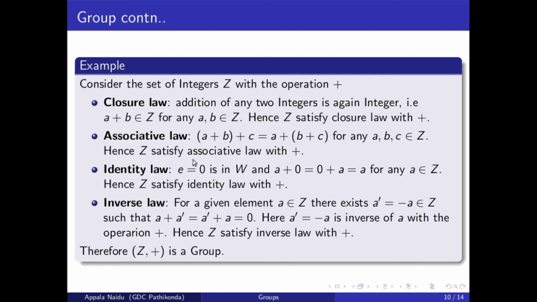So 0 is identity element with plus, it is in W as well as in Z, and Z satisfies identity law. Inverse law: for a given element a in Z, a prime equal to minus a will also be in the set of integers. Hence Z satisfies inverse law with addition.